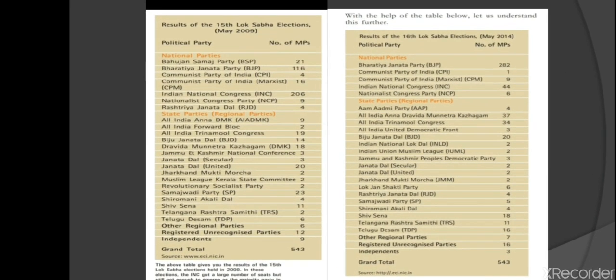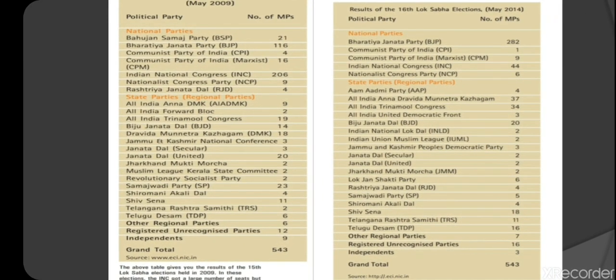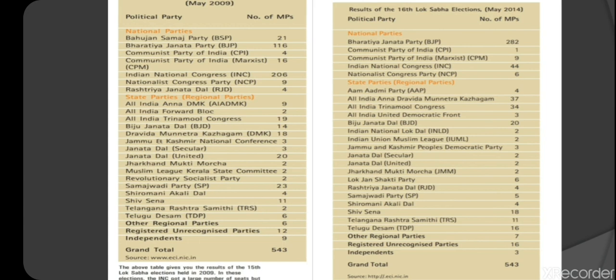So this was the result of the 15th Lok Sabha elections, May 2009. This kind of list is prepared, and you can see that the grand total is 543 here, and these many seats are won by the different political parties. So here you can see who has won the highest, who is the majority party. Majority party means whose members are the highest.